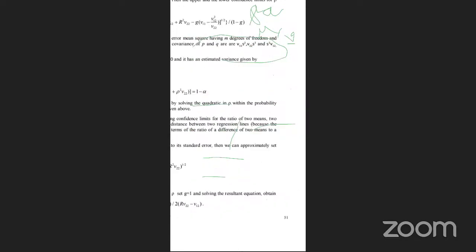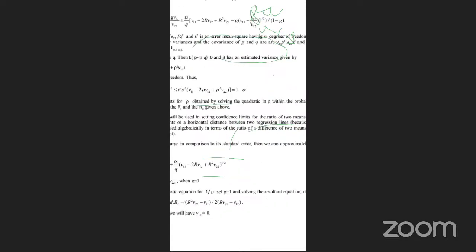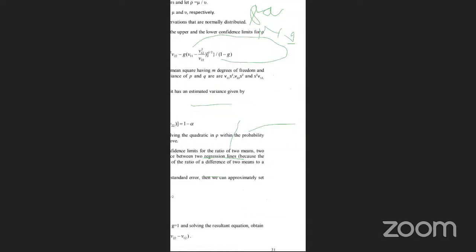When t square s square equals Q square by V22, g equals 1. In the quadratic equation in 1 by rho, set g equal to 1 and solve the resultant equation to obtain R_U equal to infinity, R_L equal to (R square V22 minus V11) by 2(R V22 minus V12). Also, often we will have V12 as 0.